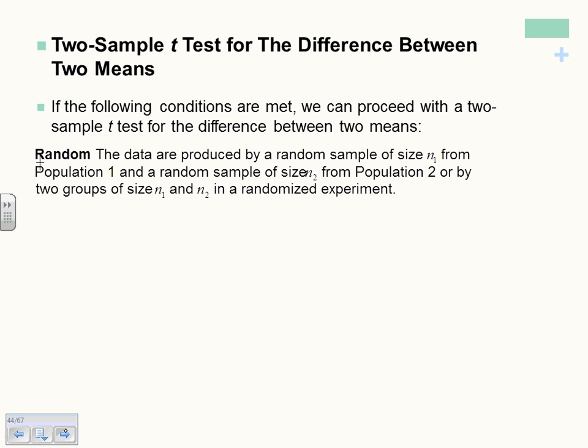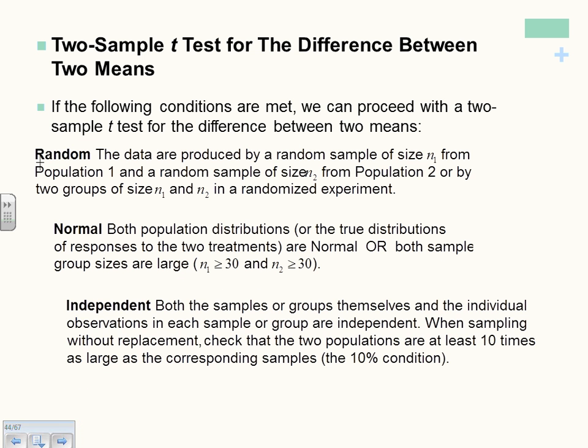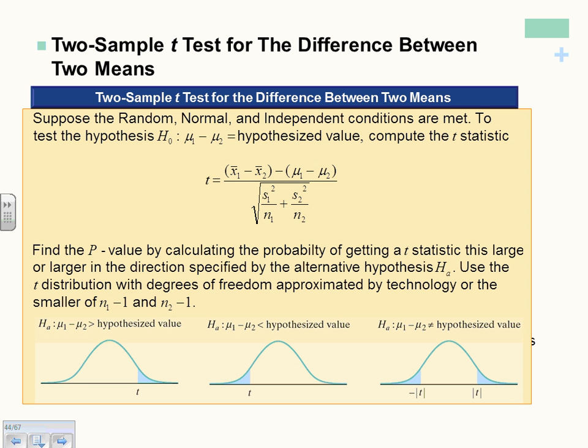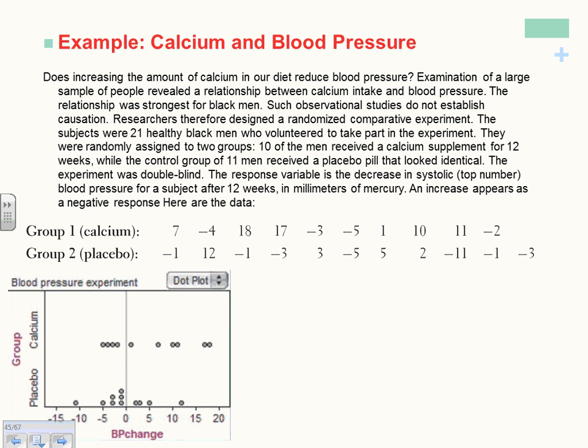I'm going to use technology just to always set up my test in general, though, doing my two-sample t test, or two-sample t interval. In this case, we're doing a test. Check your conditions. Random, normal, independent. So you guys should be good to go with that. So here is, in general, if you'd like to always use the formulas, that's fantastic. Otherwise, you can use your calculators.